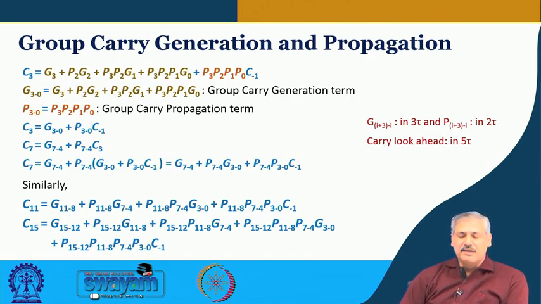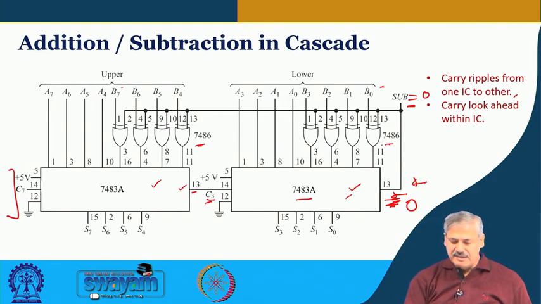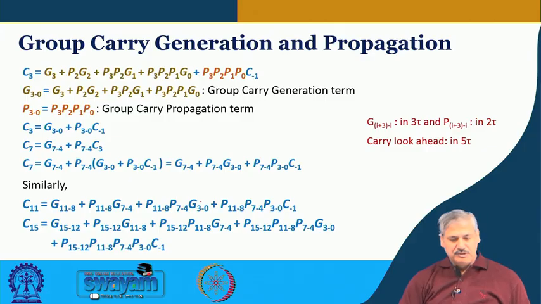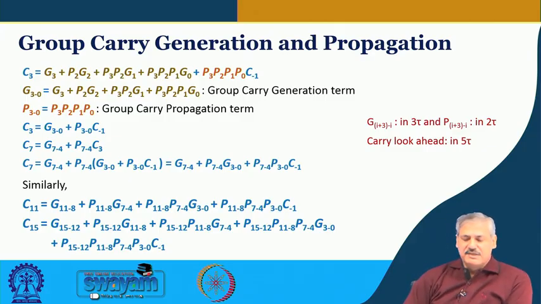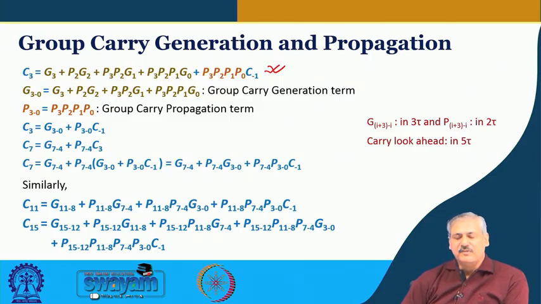To do that let us again look at the basic equation of the carry generation. The carry C3 is going as input to the next block that we had seen. So, we are looking at this C3. How is C3 getting generated? This is the way C3 is getting generated in the first fast adder.